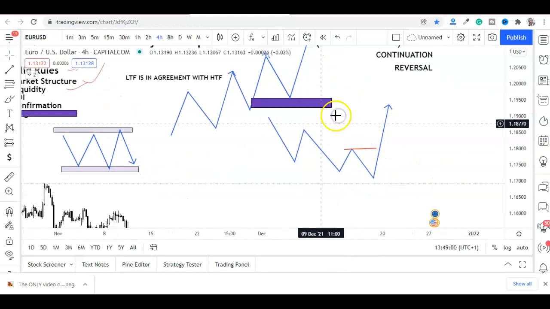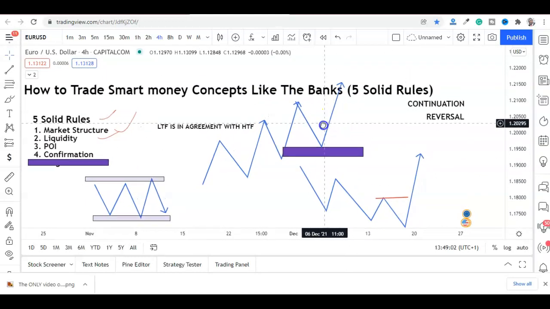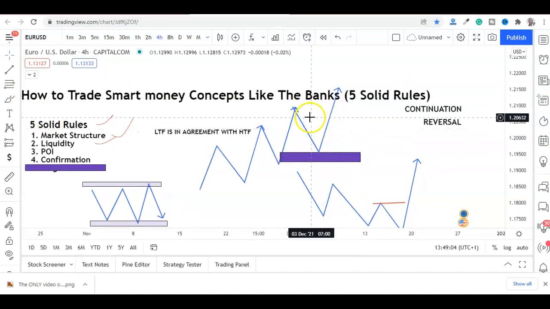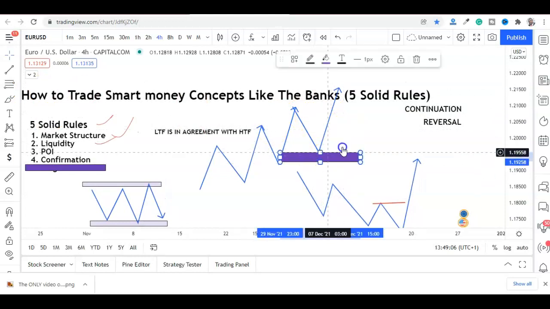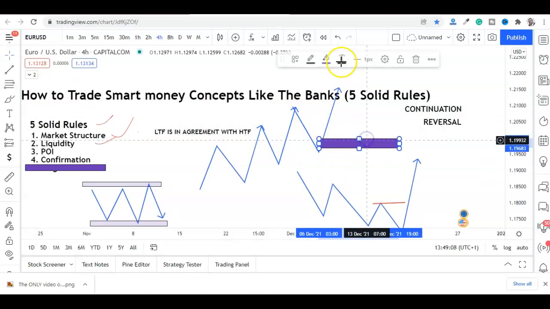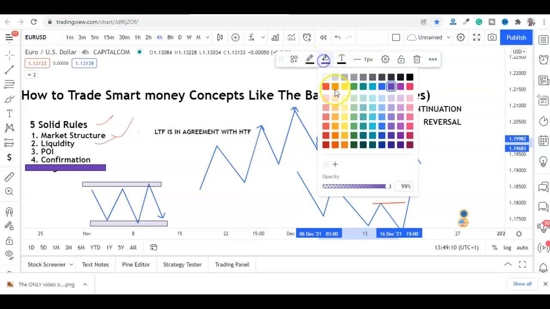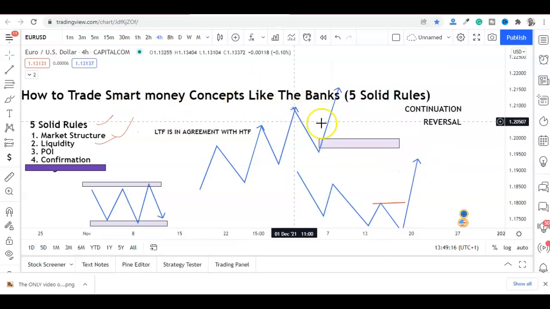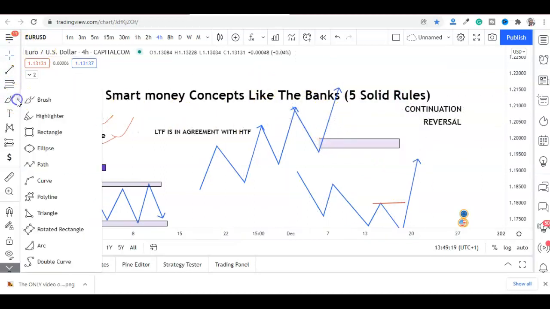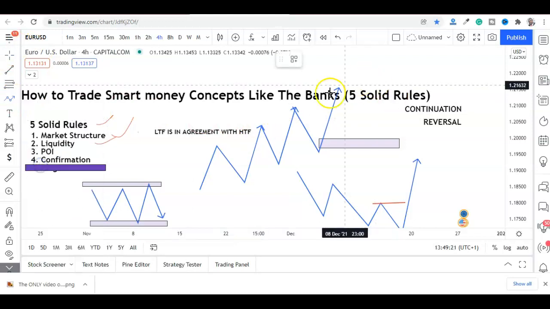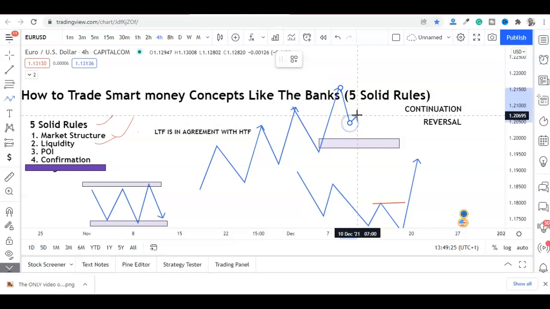Meaning, if we are to trade continuation here, and let's assume this is your point of interest here. Let's reduce this. Okay, what you need to do is wait for price to get back in here in the lower time frame.